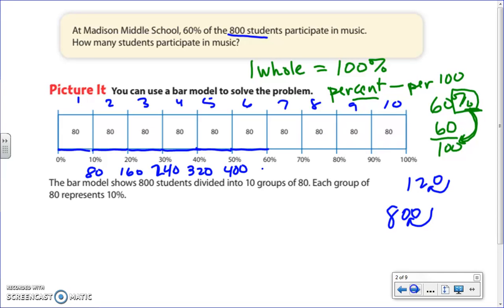That's exactly half. 480, 560, 640, 720, and then finally 800. So if I asked you what 30% of 800 is, you would know it's 240. If I asked you what 70% of 800 is, you would know it's 560. So finding 10% of a number can be really beneficial for finding other percents as well.